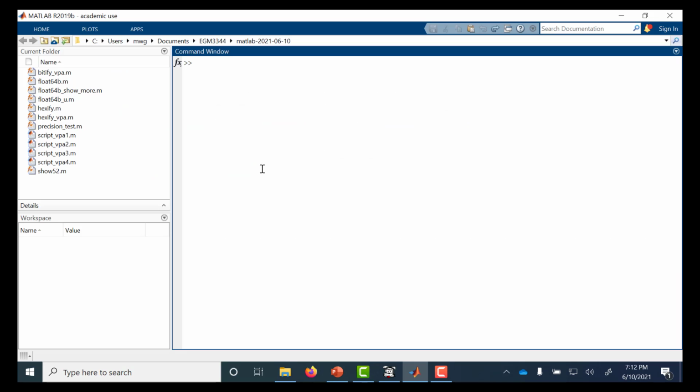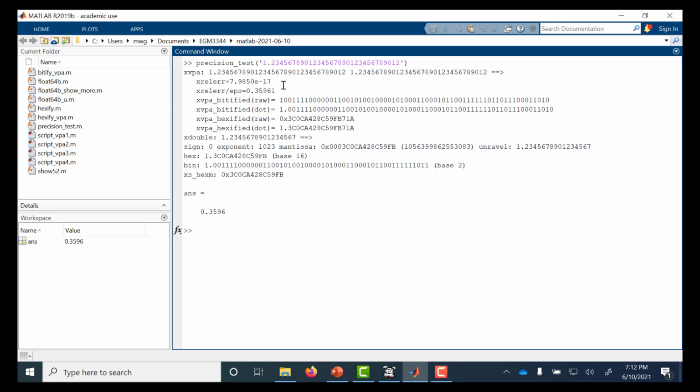So in that spirit, let's run precision test on our favorite example. It prints out the VPA, the 32-digit representation. It shows that X relative we had before, and the EPS frac is 0.36, as we had before.